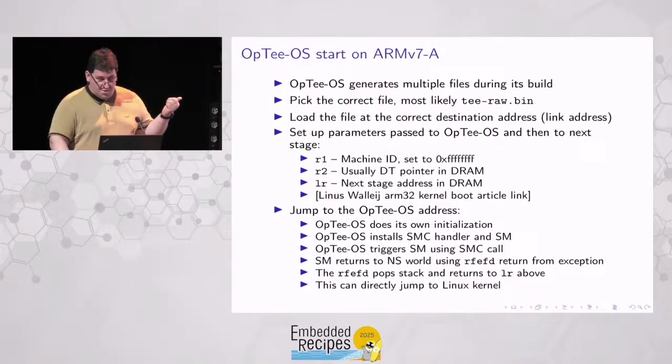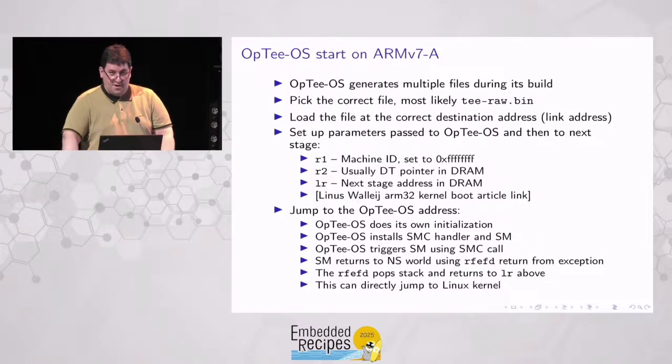I picked the tee-raw.bin because this is literally a build of OP-TEE OS, which is linked to a specific address without any headers, without any other stuff. This file has to be loaded to the link address because it's linked to that specific address. And then it is actually enough to jump to it and it will do something, but it expects 5 registers to be set up correctly to actually do something meaningful.